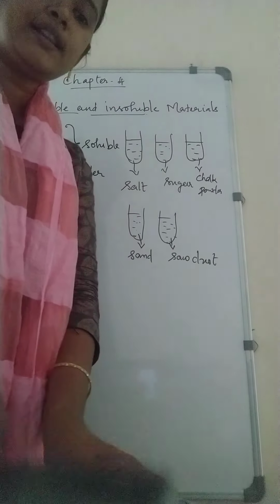Similarly, if you add coins, like 1 rupee or 2 rupee coins, or an iron nail, or any heavy material, and drop it into the water, it will go to the bottom of the water. That means they sink in water. So we can tell some of the materials do not mix with water.